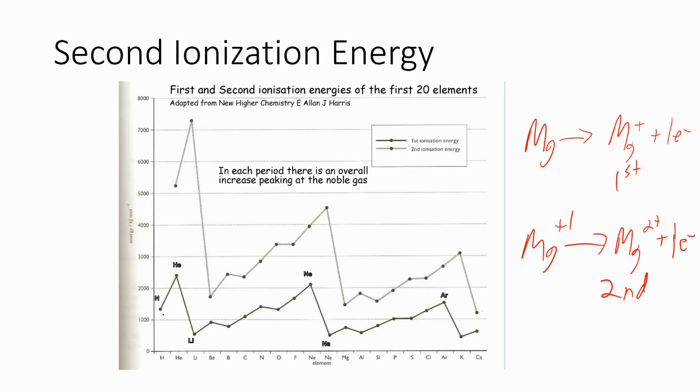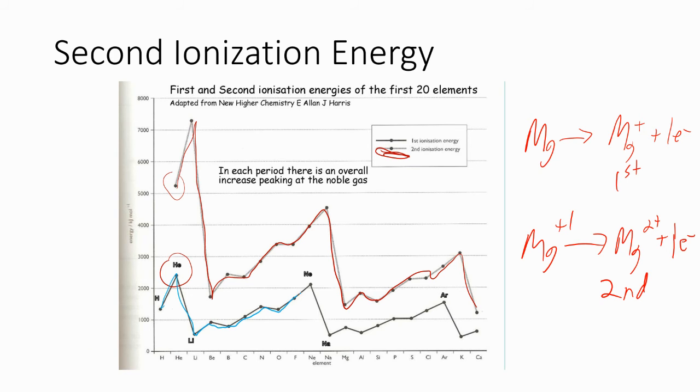So for the first ionization energy, hydrogen loses its one electron, and there is no such thing as a second ionization energy for hydrogen. So starting at helium, losing that perfect helium electron configuration is costly. The second one is also costly, but comparatively not. Actually, if you notice, this basically looks the same. It just got shifted over. So this one here is the second ionization energy, and the other one is the first ionization energy.